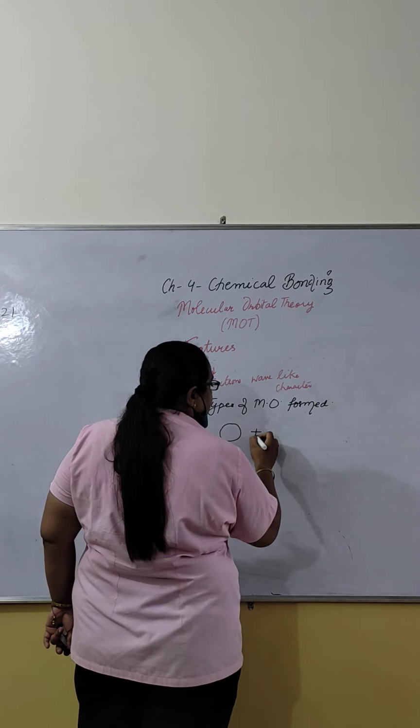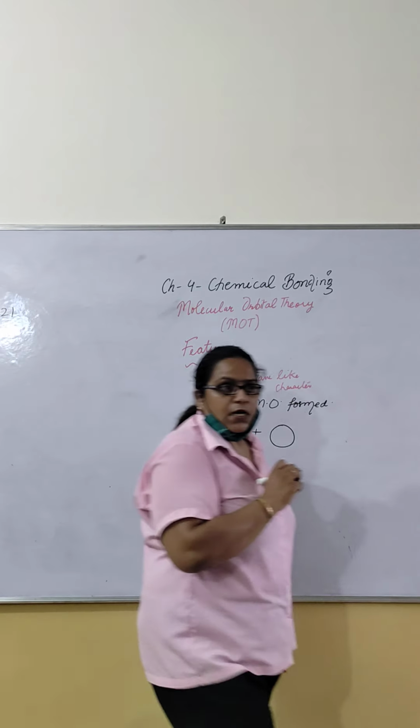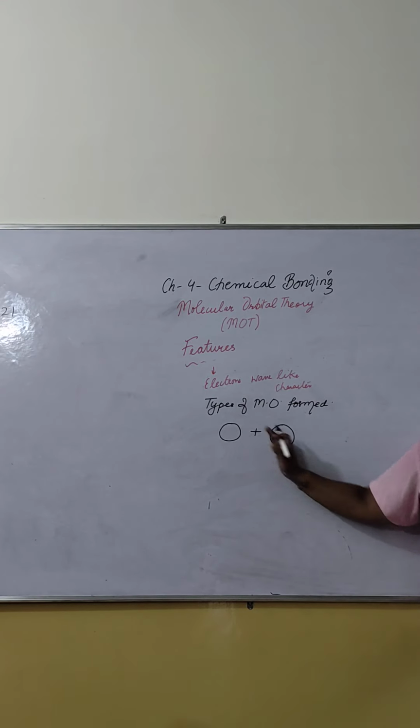It combines with the 1s of another atom. The number of atomic orbitals combined is equal to the number of molecular orbitals formed. Suppose first they undergo constructive interference.